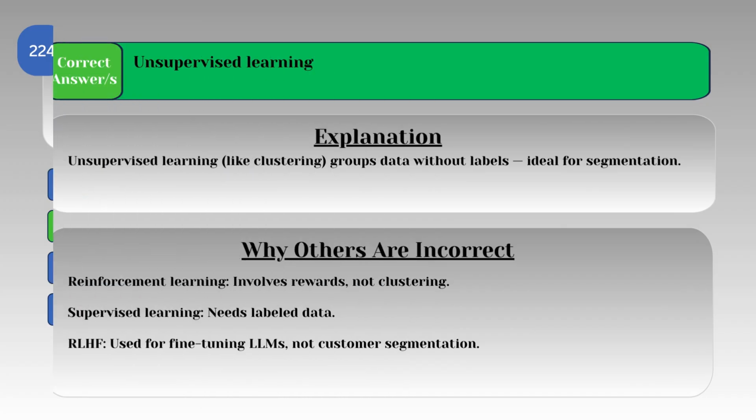Explanation: unsupervised learning groups data without labels, ideal for segmentation. Why others are incorrect. Reinforcement learning involves rewards, not clustering. Supervised learning needs labeled data. RLHF is used for fine-tuning LLMs, not customer segmentation.